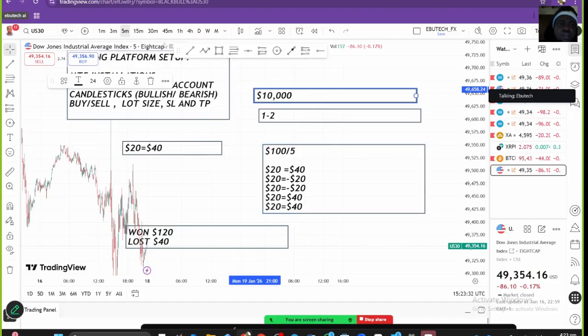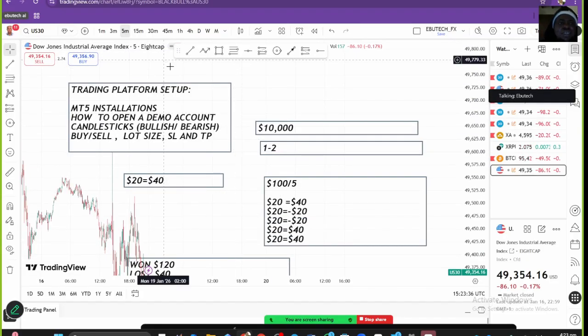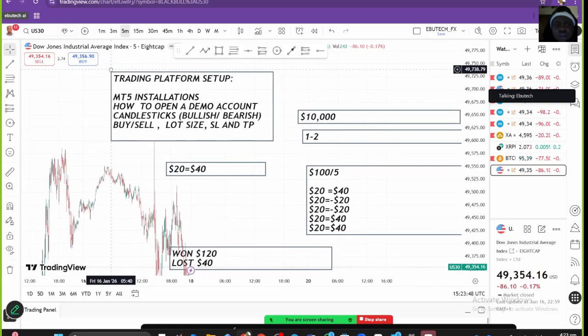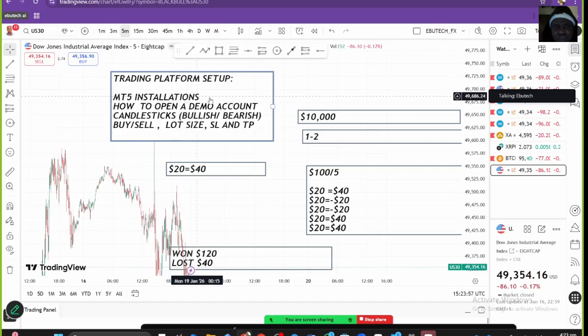Okay. Now, this is exactly what I want you guys to be doing from next week. I've talked about the trade, the candlestick, the MT5 installations, how to open a demo account, right?